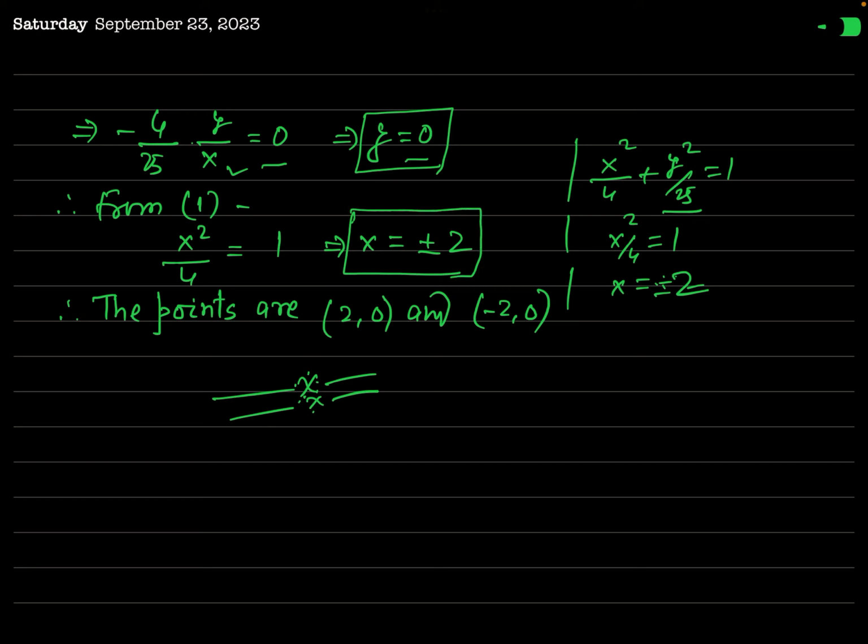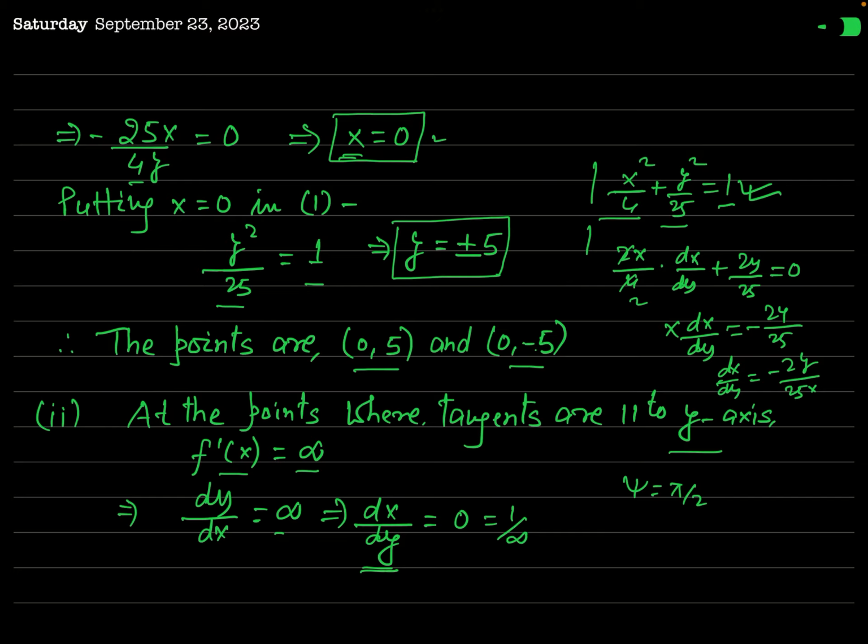So you can see there will be 2 points. For first point x will be plus 2, and for second point x will be minus 2, and y for both of those points will be 0. So the 2 points where the tangent to the curve are actually parallel to y-axis are what? That will be 2, 0 and minus 2, 0.